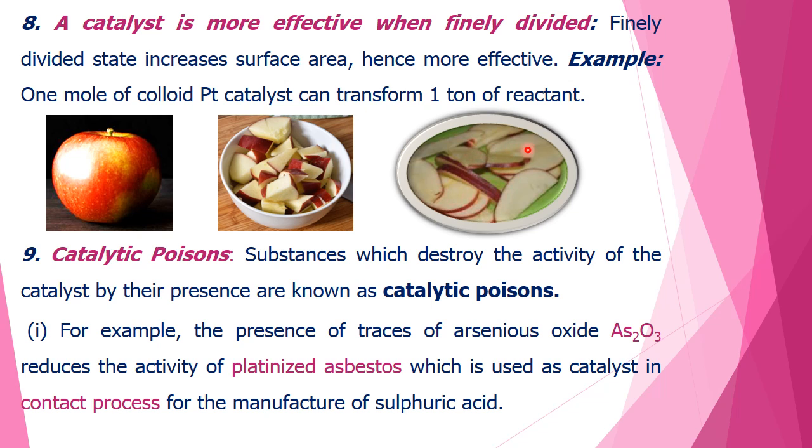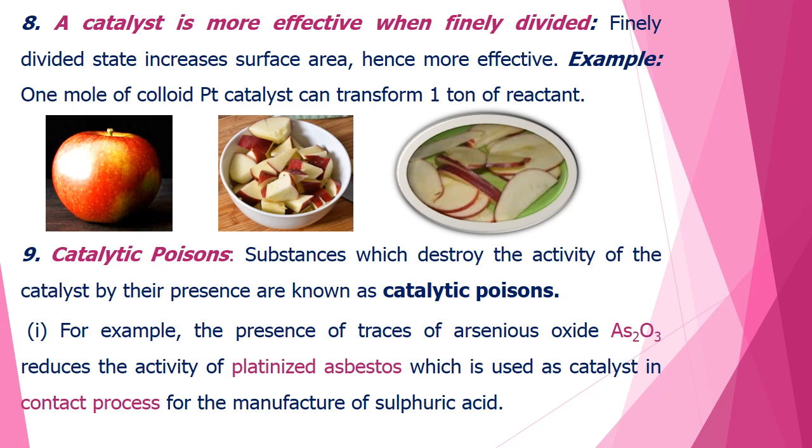For example, arsenic oxide is a poison to platinized asbestos in the contact process, that is, in the manufacturing of sulfuric acid. If arsenic oxide is present, even the addition of platinized asbestos will not be fruitful for the manufacturing of sulfuric acid because it retards the process.